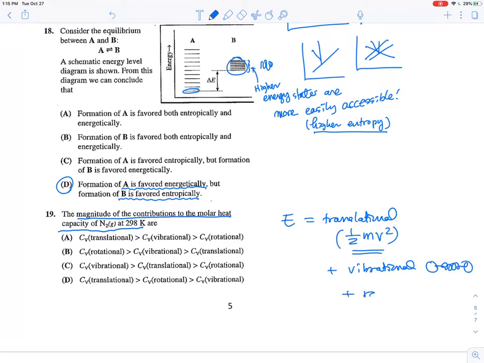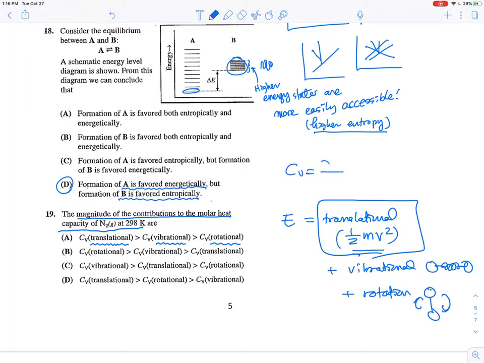And then there is rotational energy, which is more like rotating things like that. And energy-wise, the biggest principal component is translational energy. So the energy contribution from the translational is highest, and the vibrational comes next, and the rotational energy is really the smallest contribution to the total internal energy increases, and CV is partial U over partial T at constant volume.